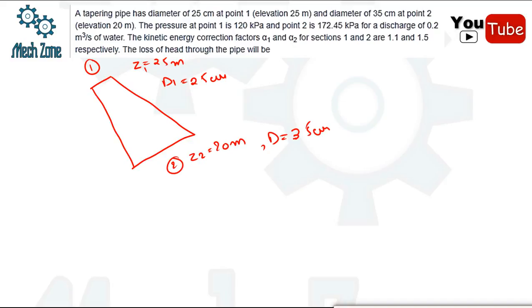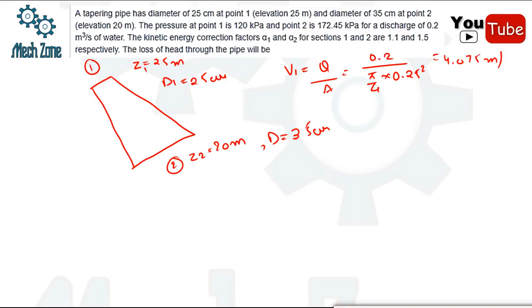Now velocity at point 1 would be equal to Q upon area. Q, the discharge, has been given as 0.2. Area is π/4 d², so π/4 into diameter in meters, d².